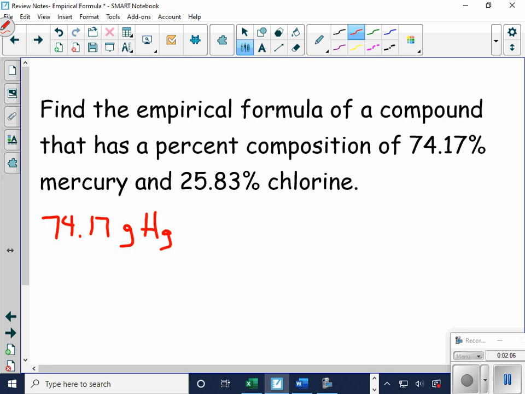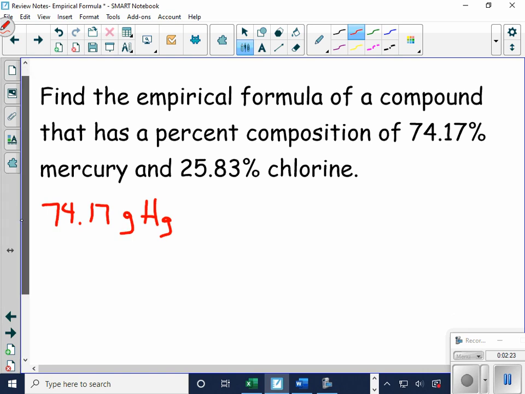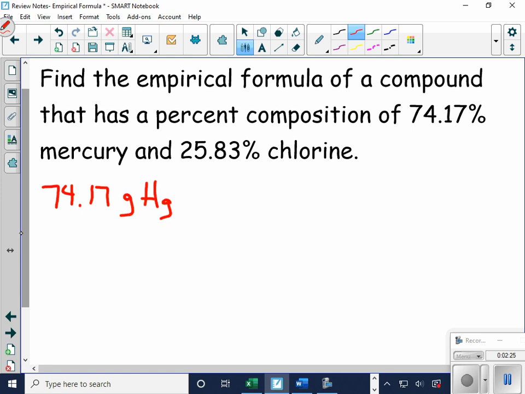So basically I'm saying I have 100 grams of the particular compound. Because what is a percentage actually? It's out of 100, isn't it? Okay. So I'm going to say I have 74.17 grams of mercury, and then I'm going to have 25.83 grams of chlorine.